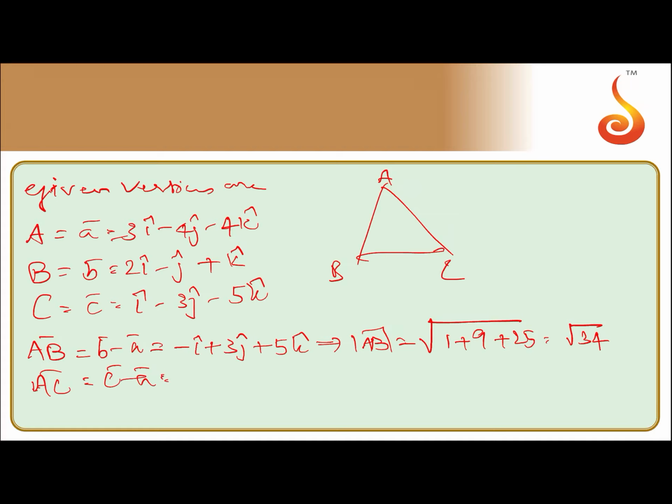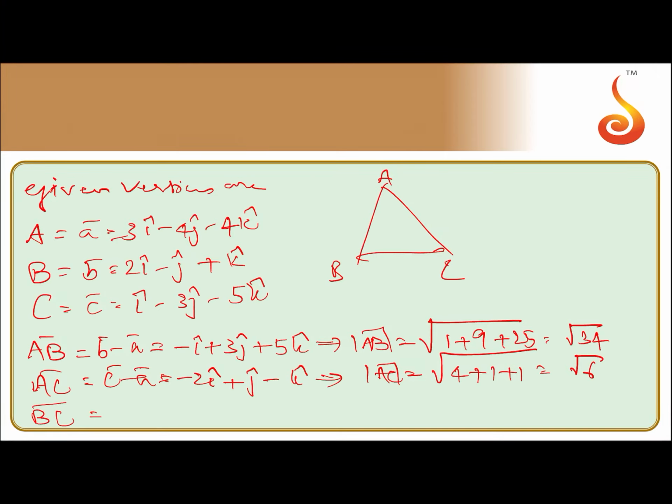AC vector, that is C minus A, is equal to minus 2i plus j minus k, and whose magnitude modulus AC is equal to the square root of 4 plus 1 plus 1, that is root 6.